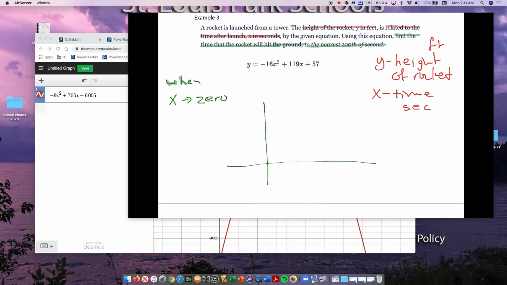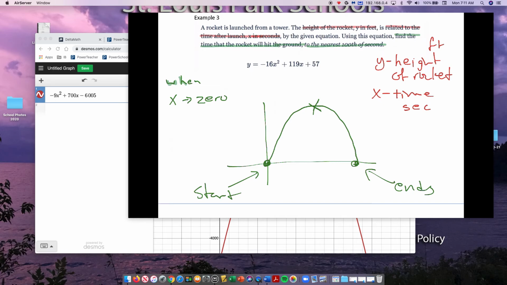So what I mean by that is you think about what's going to happen here. The rocket is going to be launched from here. It's going to go up. It's going to reach a maximum height. It's going to go back down and hit the ground here. Starts on the ground. Ends on the ground. If we want to know the vertex, that would be the highest the rocket would go.